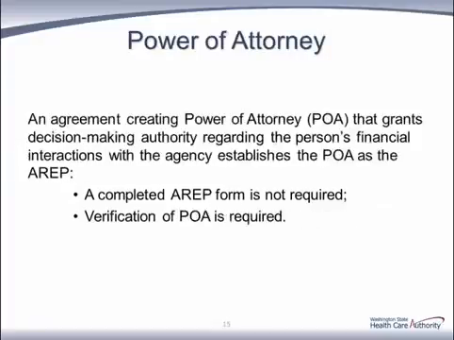An agreement creating power of attorney that grants decision-making authority regarding the person's financial interactions with the agency establishes the power of attorney as the AREP. A completed AREP form is not required. Verification of power of attorney is required. Again, if someone has power of attorney, they must provide verification to the agency. The power of attorney must sign the client's name on the Health Plan Finder application because the head of household and the client must be the same.